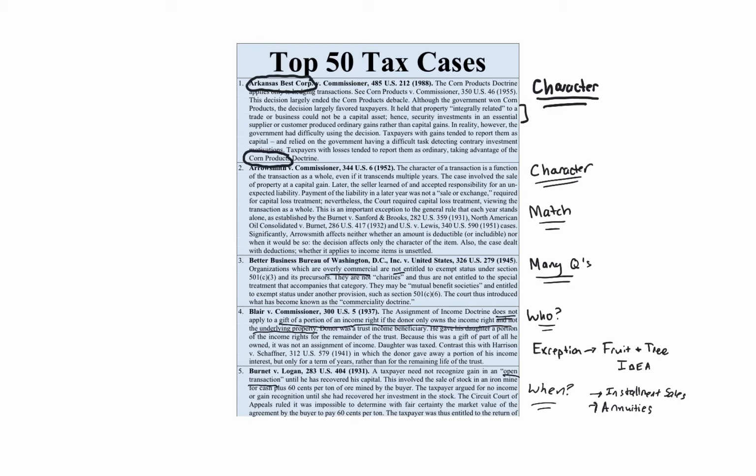You then take your basis over that number, and that percentage is going to be how much you get to exclude of each of the $20,000 payments. So let's just keep it simple. Let's say that you're expected to get $300,000 once you start getting those payments.